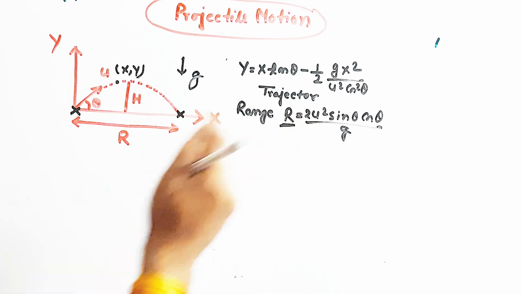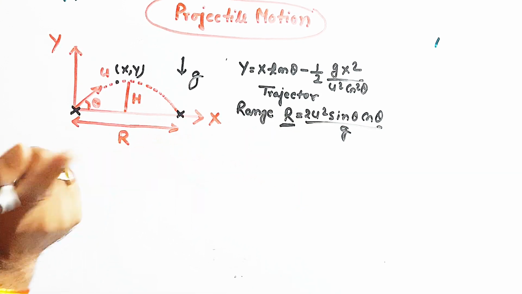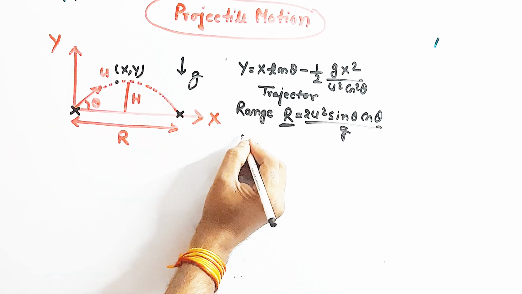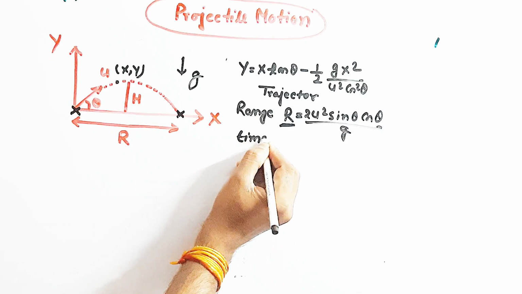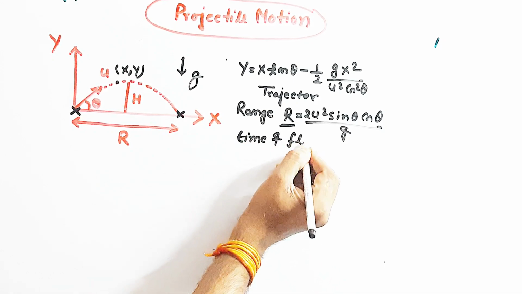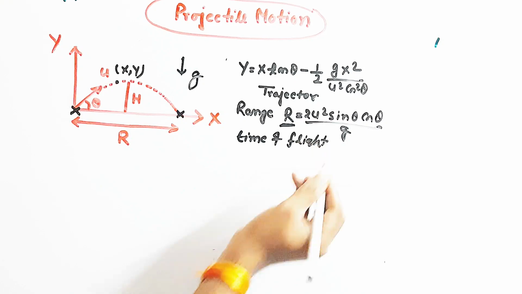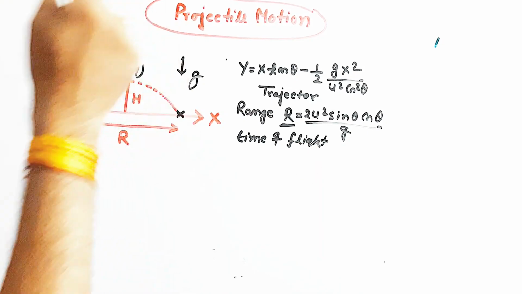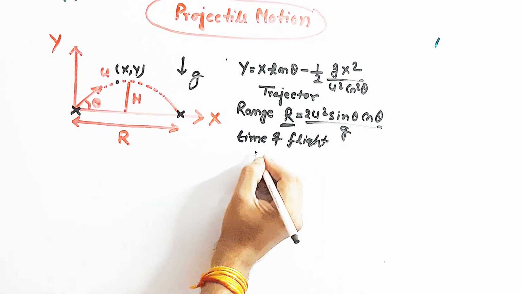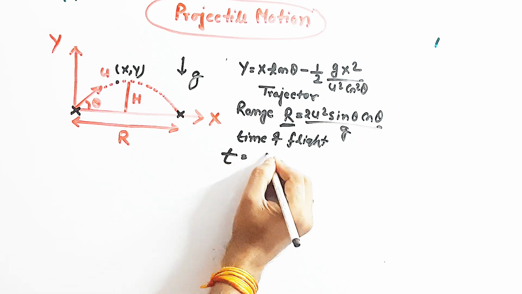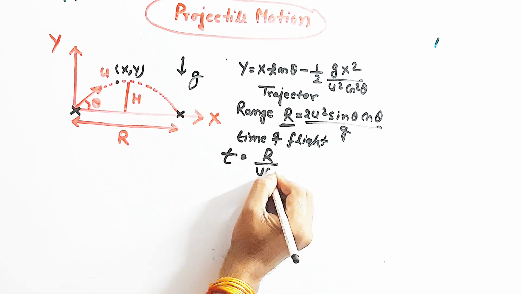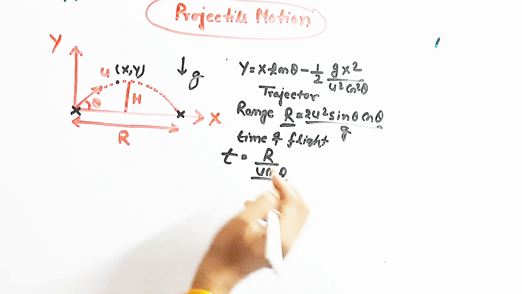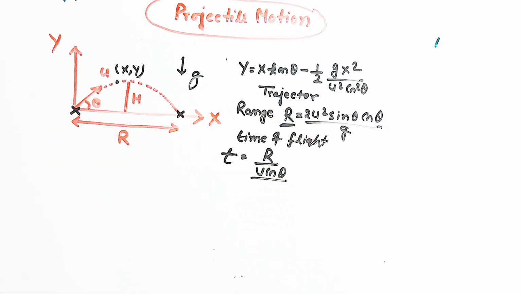If you divide the range by the horizontal velocity, which is constant, you will get the time of flight. Time of flight means the time during which the projectile remains in the air. So t = R divided by u cos theta, because u cos theta is the horizontal velocity with which the particle is traveling.